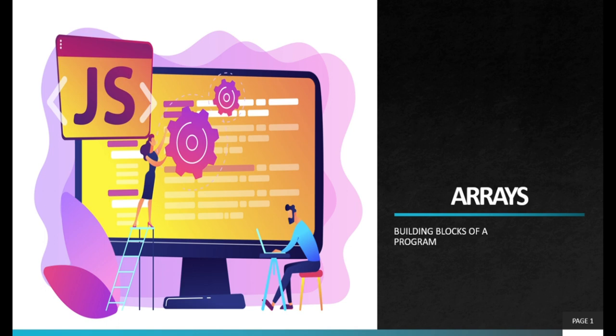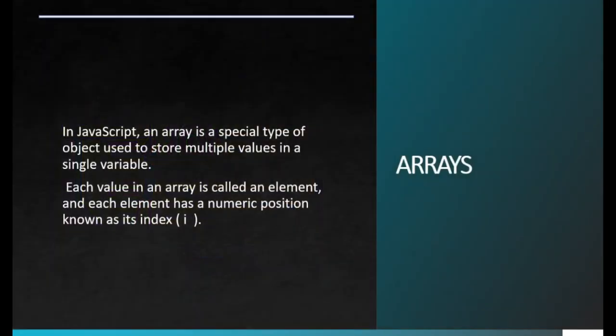So in JavaScript, that is basically how an array works. They take in elements, they take in numbers, they can take in strings, and they are assigned variables. So let's just see what they actually are. They are basically special types of objects that you use to store multiple values inside.